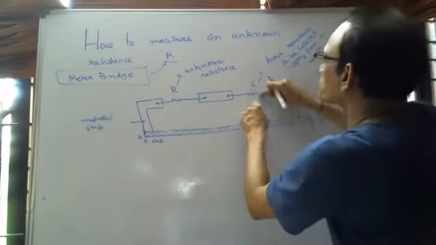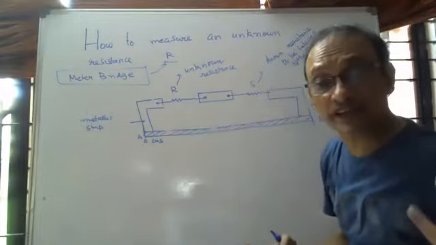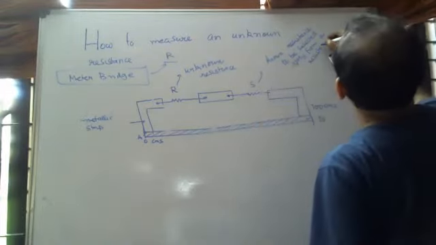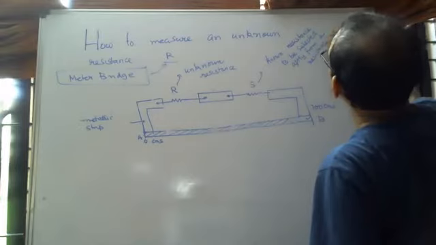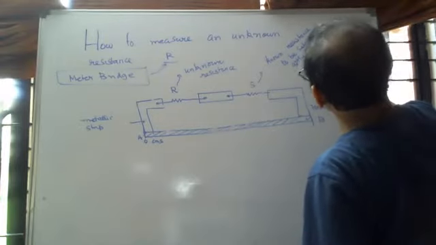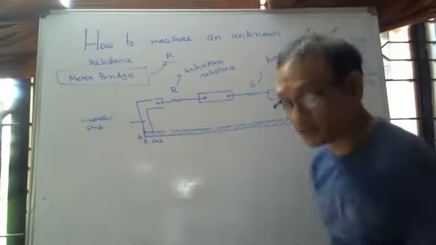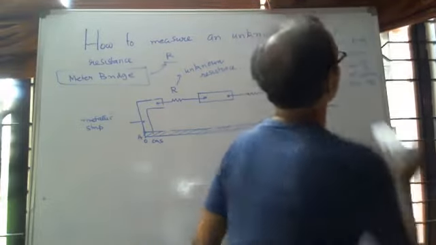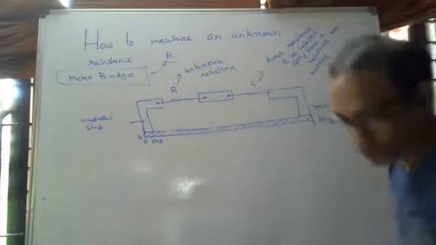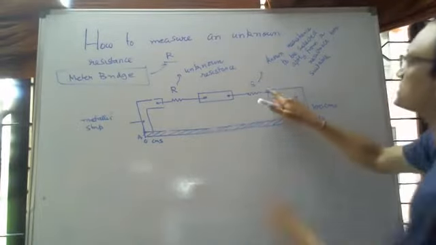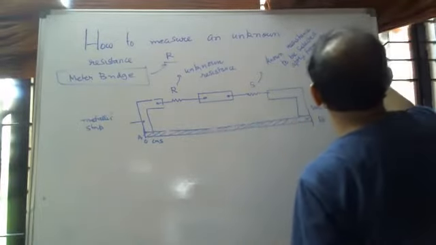How to select that S? I'll come to it. The length in the meter bridge is 1 meter only, 100 centimeters. Known resistance selected suitably. How to select that? I'll tell you.